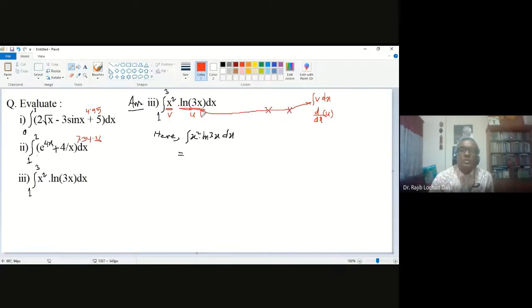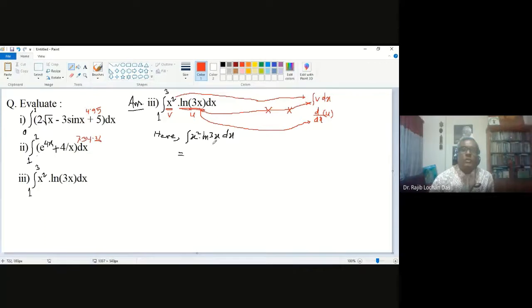This will actually go to the differentiation, because we already know d/dx of ln x. That formula we know. So x square, that means v, will go to the integration part. So it will not be a problem.